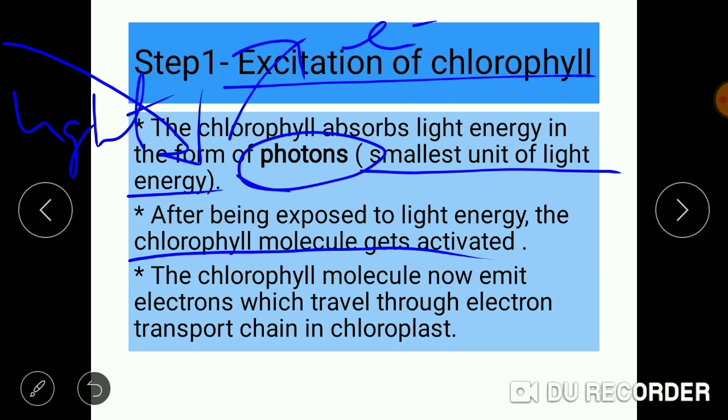So, in step 1, when the photons of light fall on the chlorophyll molecule, they get excited and activated, and in return they release an electron. The emitted electron then travels through the electron transport chain in the chloroplast.